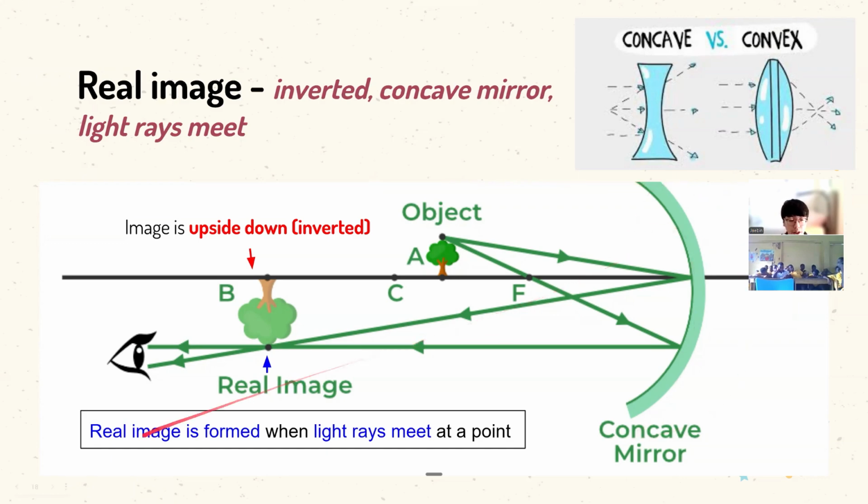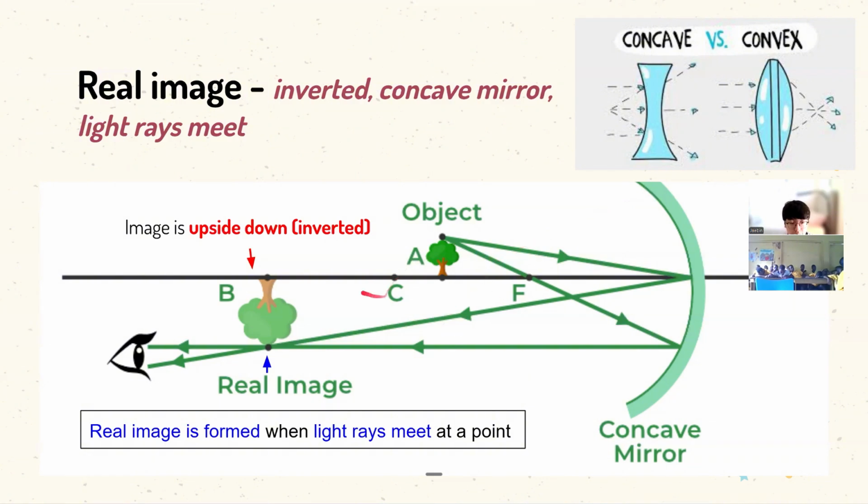A concave mirror is a mirror that bends inward like this. It bends inward. On the other hand, there's also the convex mirror, which bends outward.